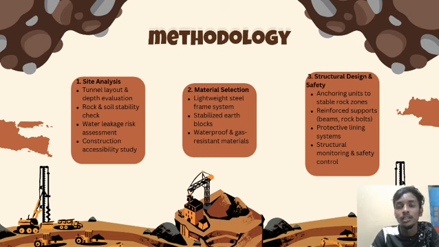The methodology. Our methodology covers three areas. First, site analysis. Second, material selection. The third one is structural design safety. First, we see site analysis: the tunnel layout, rock stability, water leakage risk, and accessibility.